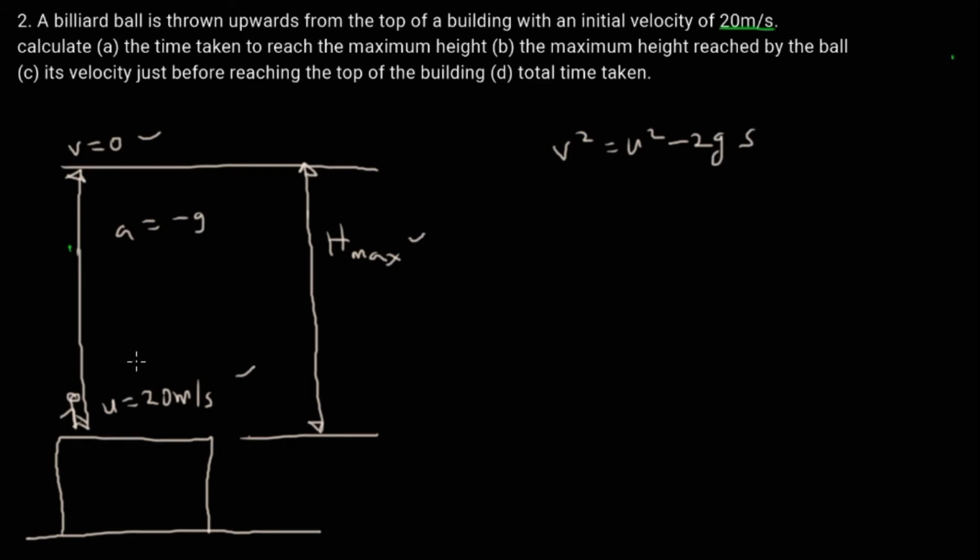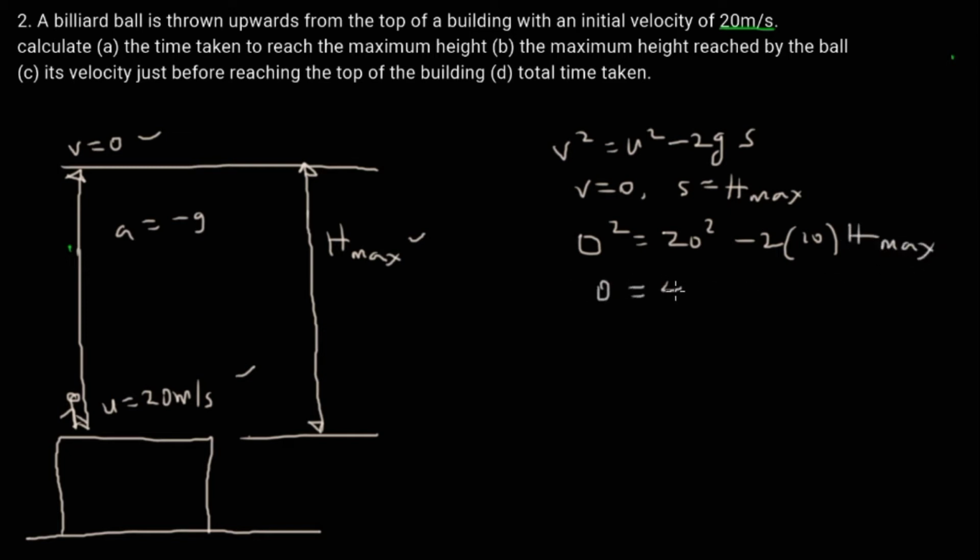v, u, and h. Notice that when v equals 0, then s will be the h max. So we can say 0 squared equals u squared, which is 20 squared, minus 2g, which is 10, times h max. So that 0 is equal to 400 minus 20 h max.